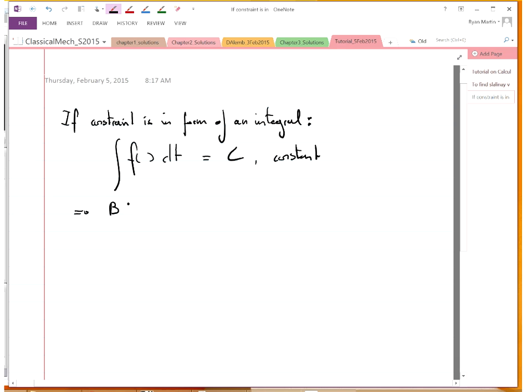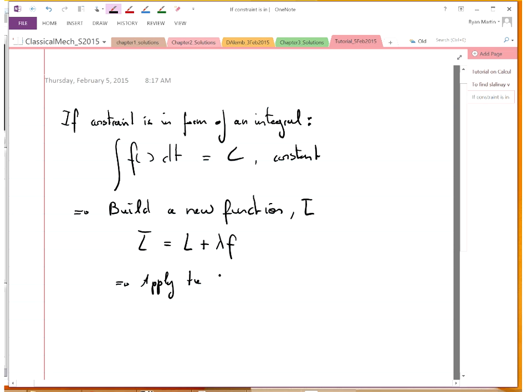Then what you can do is build a new function L bar, where L bar is given by the original integrand L plus lambda times the integrand of the constraint, and then you can apply the Euler-Lagrange equation to L bar.